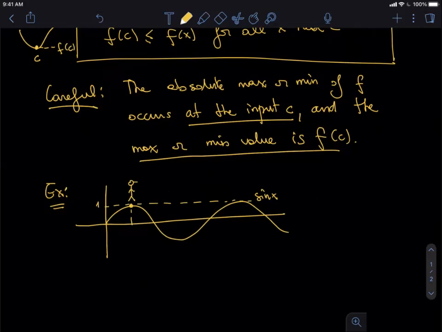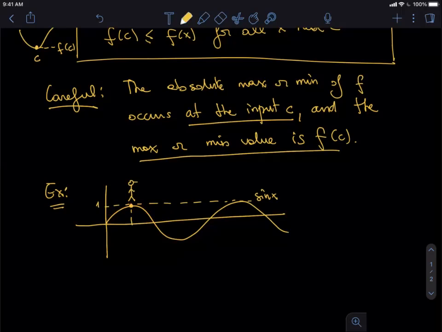The value would be 1, okay? And the value 1 is the largest around that point, right? If I go very far, then I will be back to 1. But if I just look around, all the values of f around that point are smaller than 1.